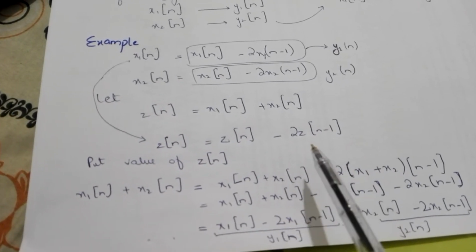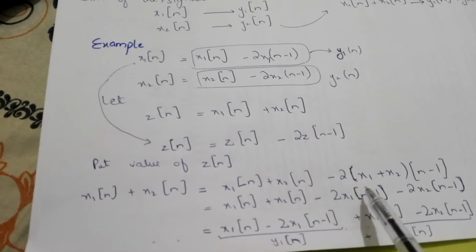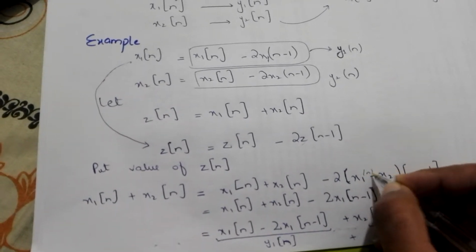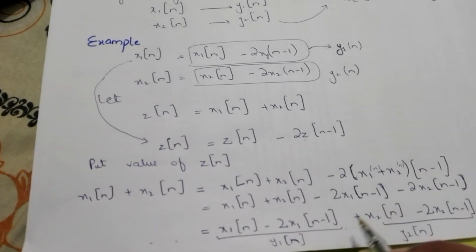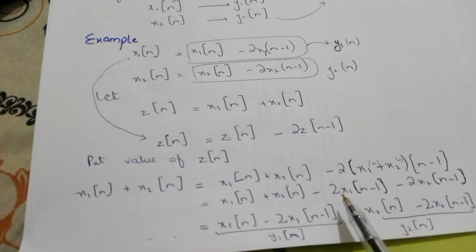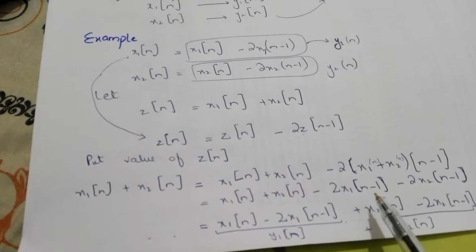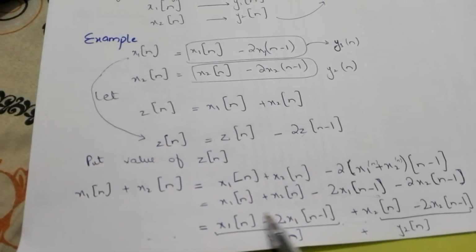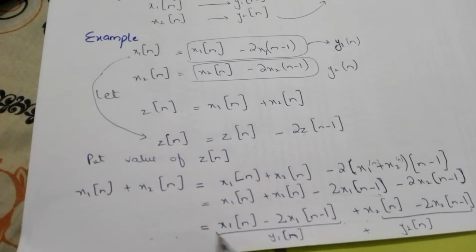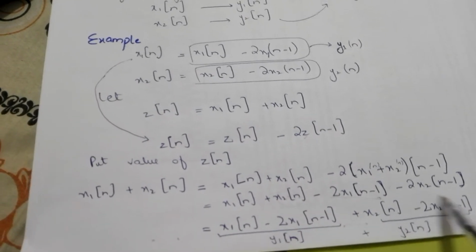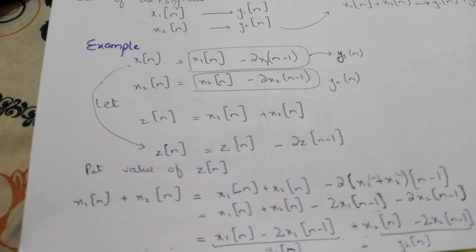I forgot to write the 2 into it. Now we multiply both of them with n minus 1. One becomes 2x1 of n minus 1 and the second is 2x2 of n minus 1. I write this with x1 of n, so it becomes y1 of n, and I write this with this one, so it becomes y2 of n.